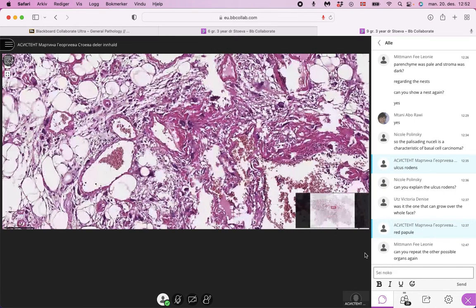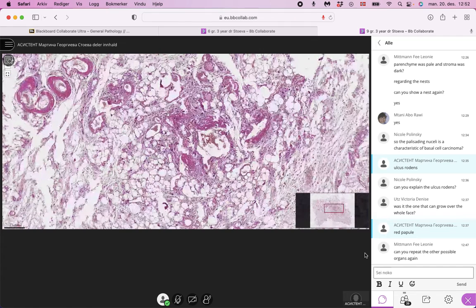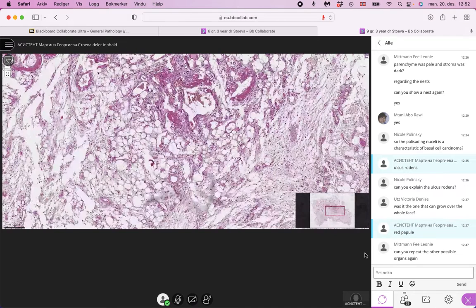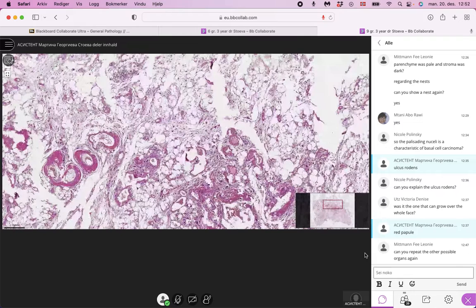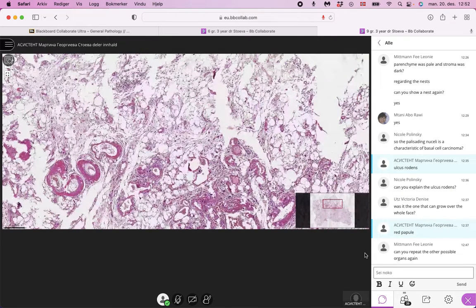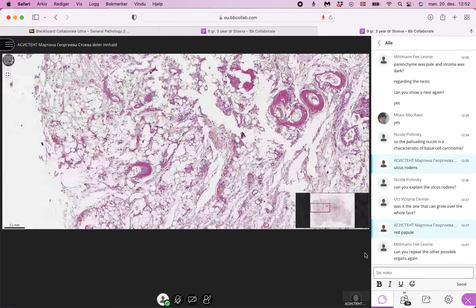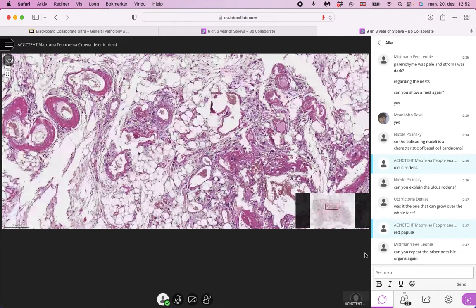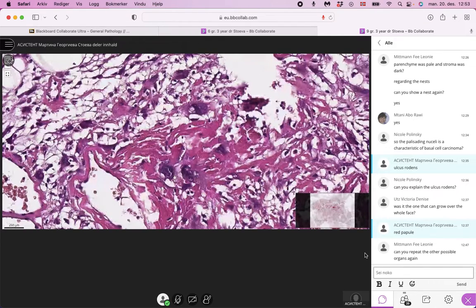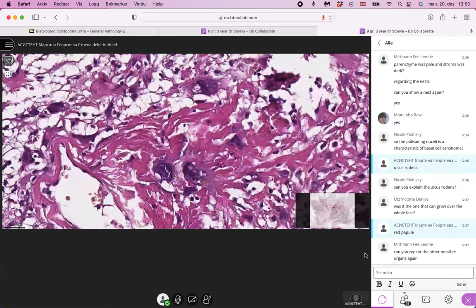At medium magnification, the darker areas that are visible are exactly due to features of cellular atypia. Here you can find cells with really enlarged nuclei, which are hyperchromatic. There are multiple nuclei in some of the cells, so some of the tumor cells are multinucleated.